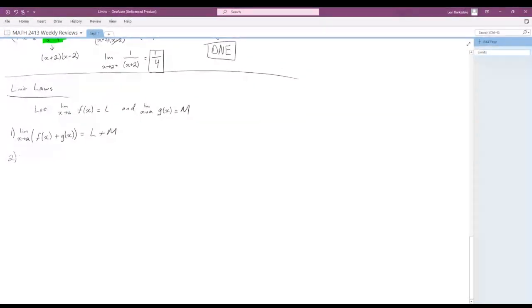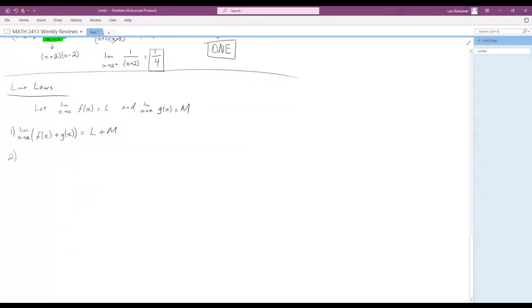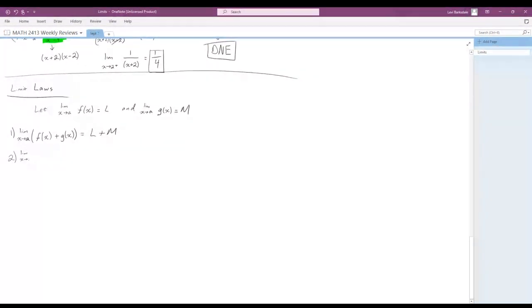Similarly, we have our subtraction rule, which is basically just the addition rule, but with subtraction instead. But I'll go ahead and write it out explicitly.